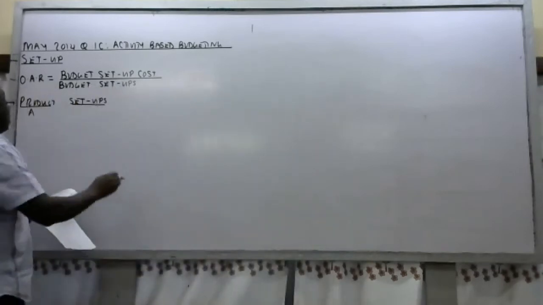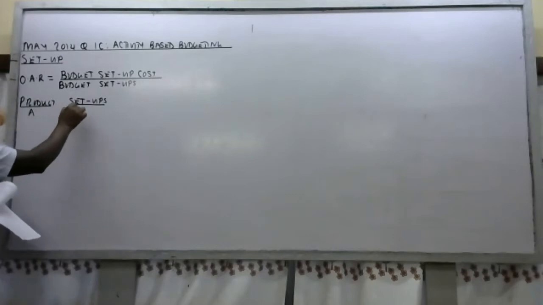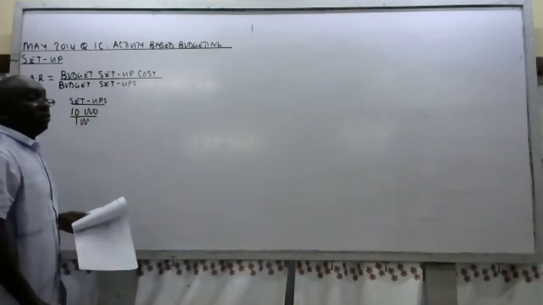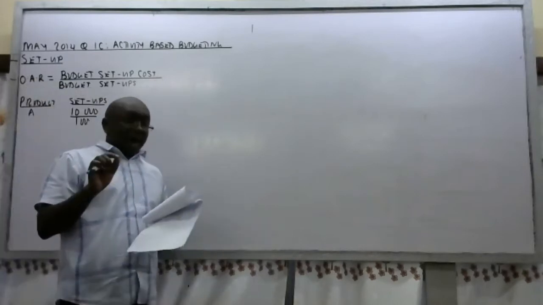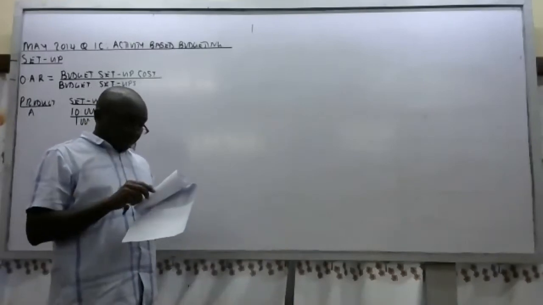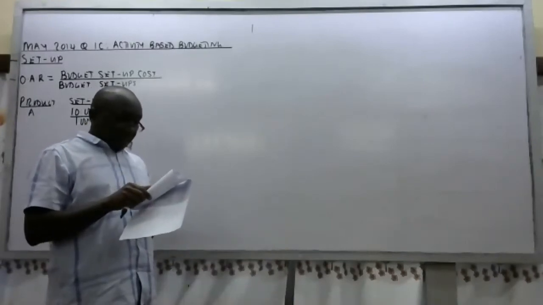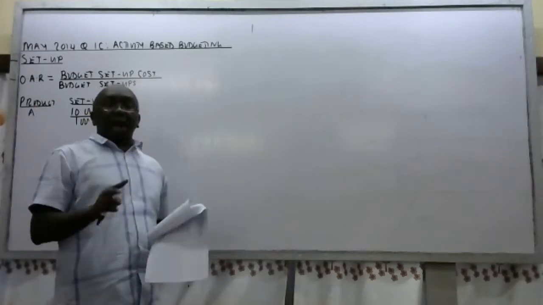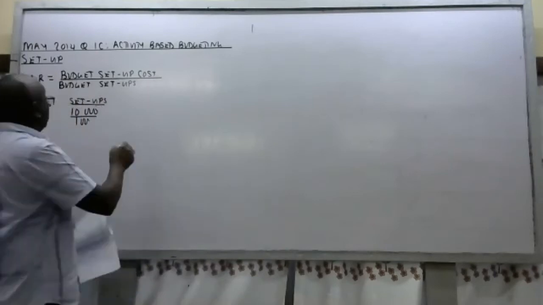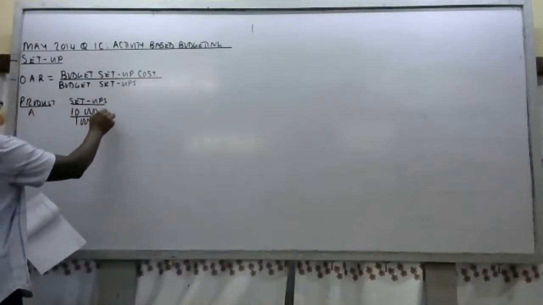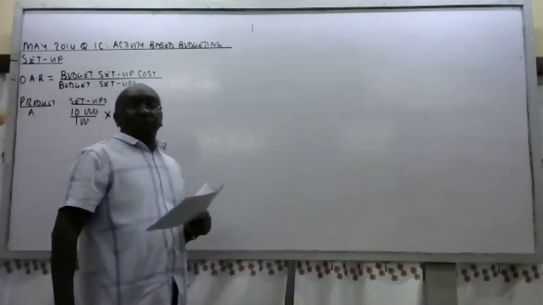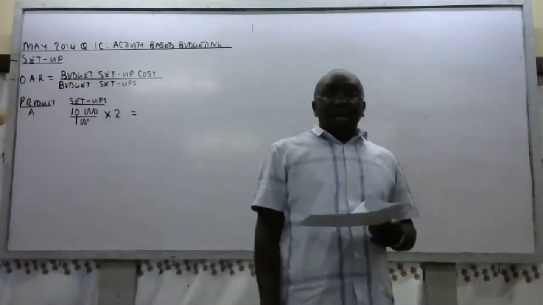That means for A, we will need to do 10,000 divided by 100. That will tell you how many batches you require. And then each batch requires 2 setups. So you multiply by 2. So give me that answer.